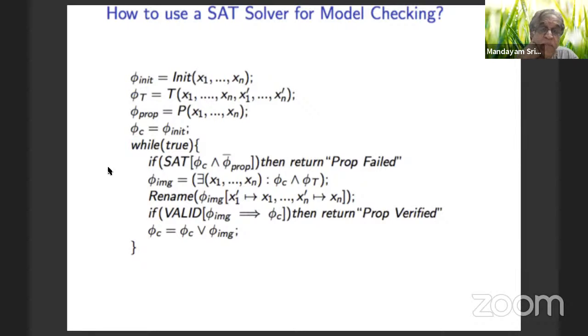At least CTL model checking can be viewed as a repeated computation of fixed points.